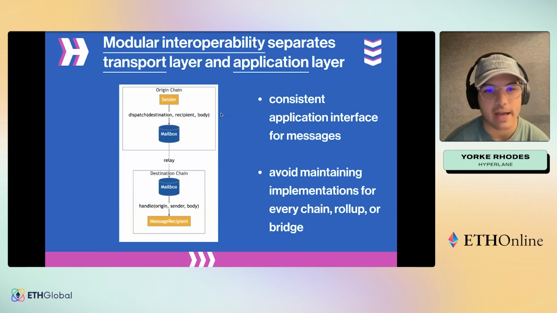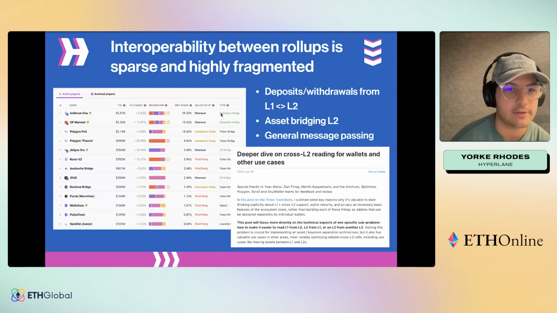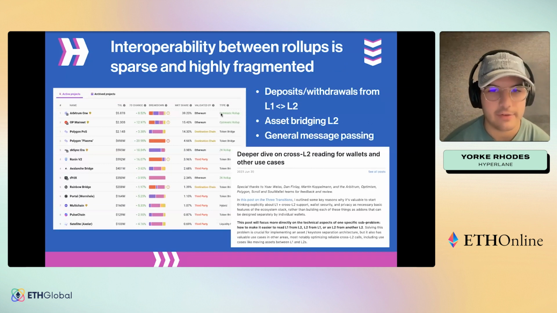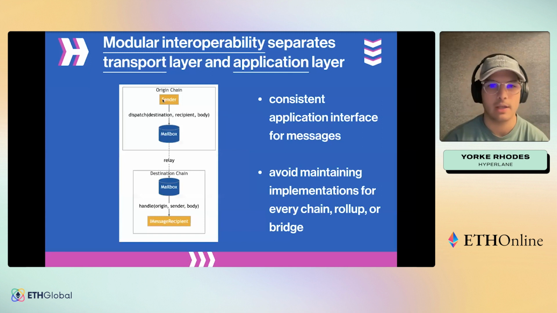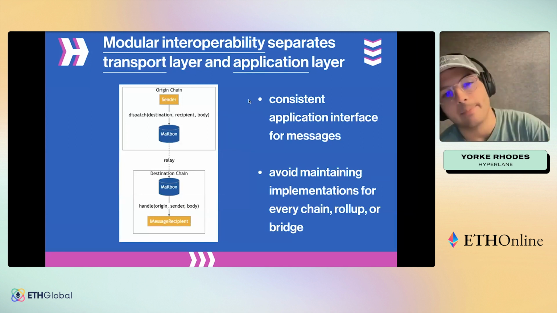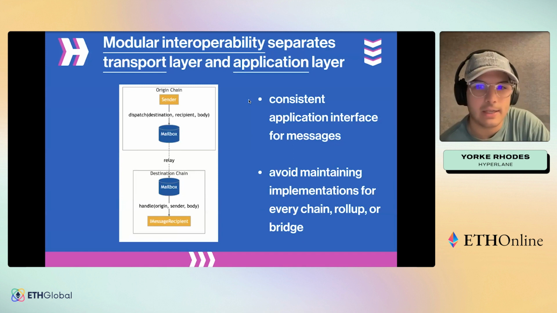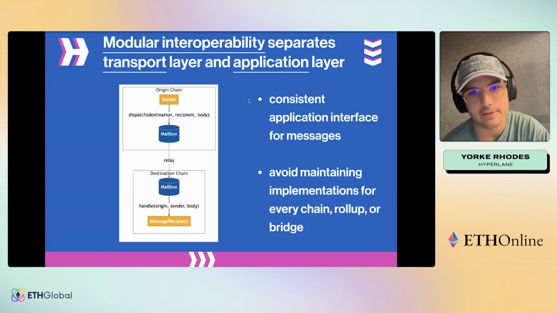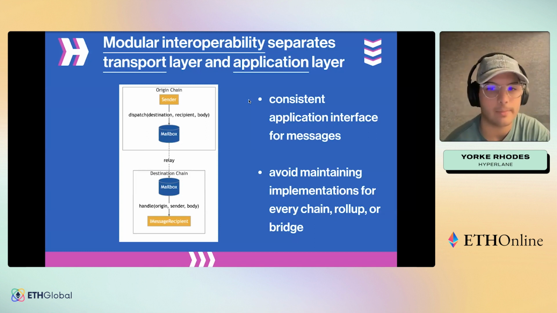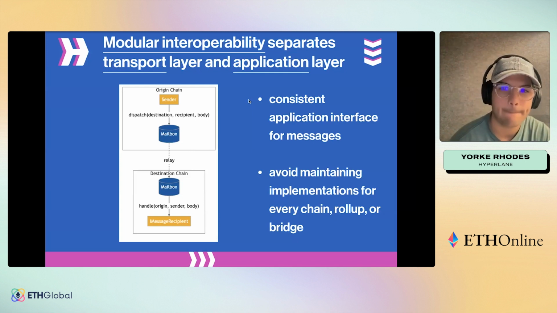So instead of being forced down a specific framework's interface for interop to reach their chain, if you want to reach the users or have distribution there, we want to provide application developers a single interface for doing this: basically general message passing and deposit and withdrawal from and to any chains, whether it's an L1 or an L2 or a Cosmos app chain or a Celestia rollup or whatever it is.